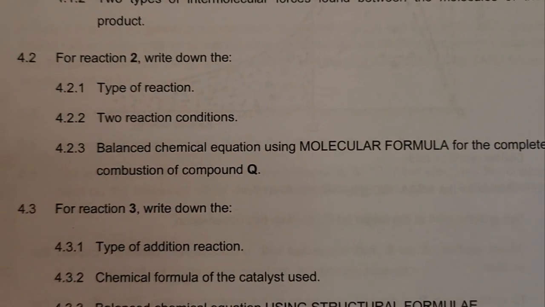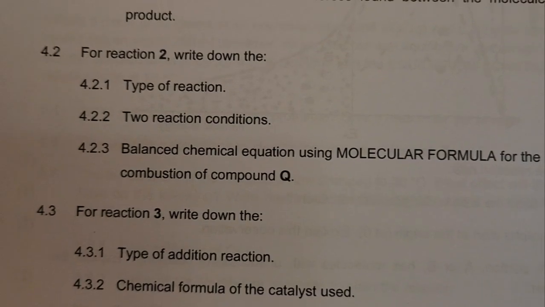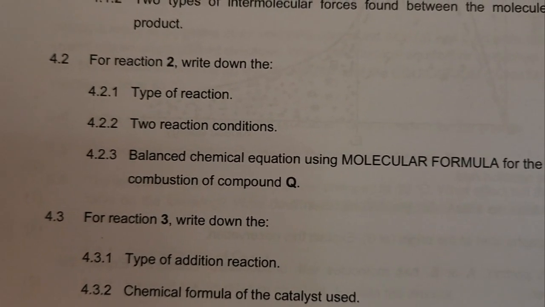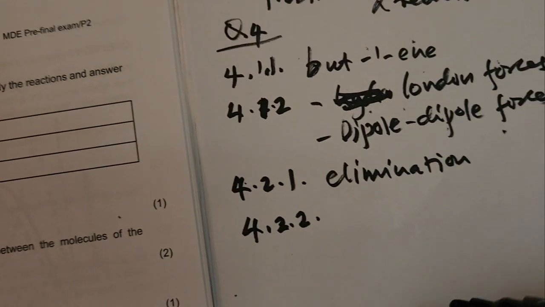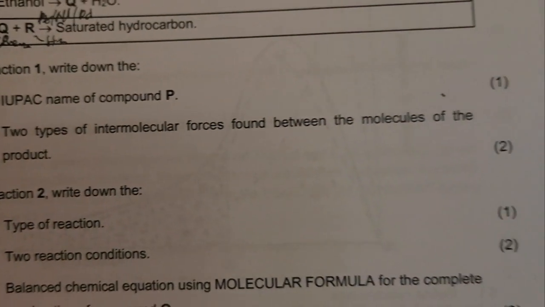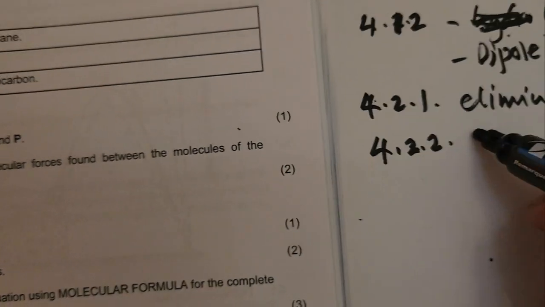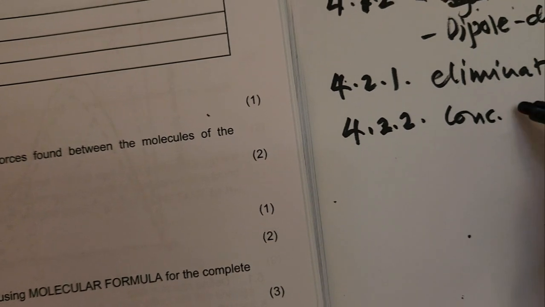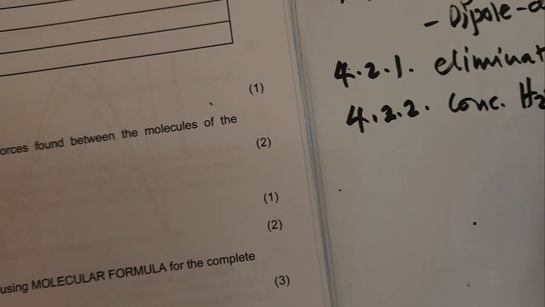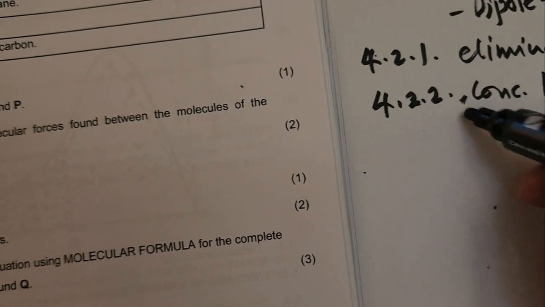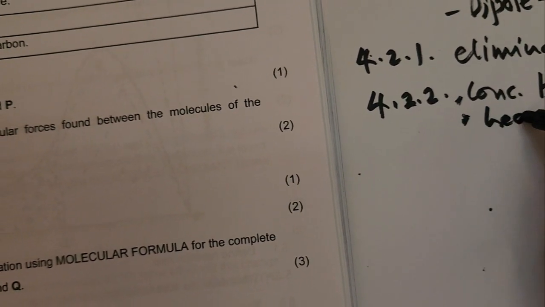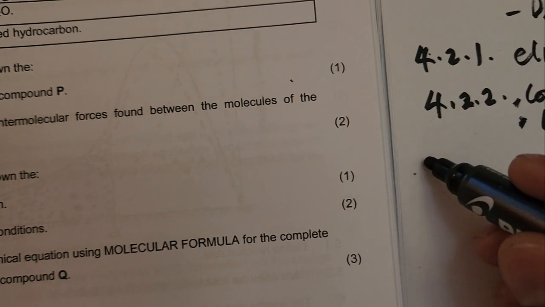And now they say to us, write down 2 reaction conditions for elimination. Remember, this one is dehydration. We need concentrated sulfuric acid, and then another reaction condition must be just heat in this case. Fine.